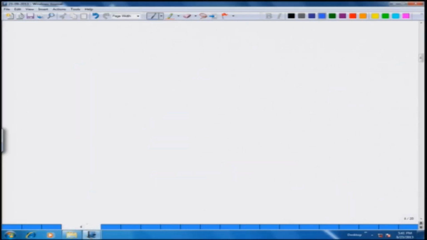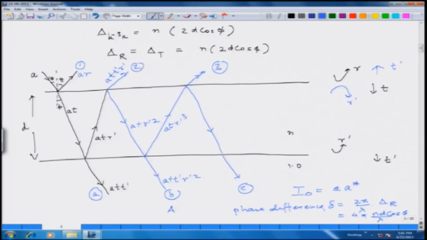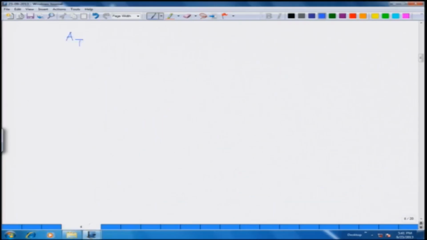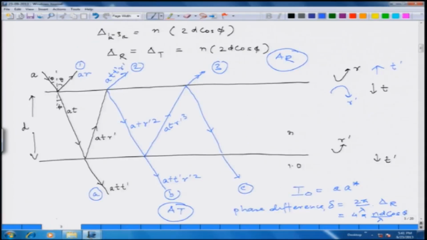So, we first write the total amount of the amplitude which is transmitted. So, we are looking at total A t on this end by adding up all these here, and then I will also look at what is the total amount reflected from this thin film later. So, A of t, following the same picture, is going to be basically A t t prime plus A t t prime r prime square.